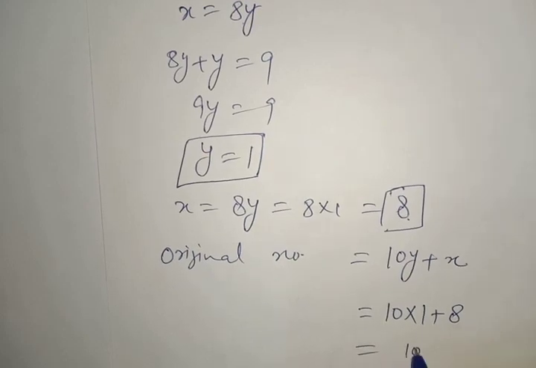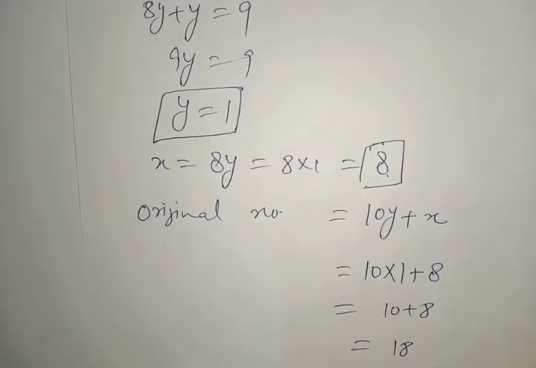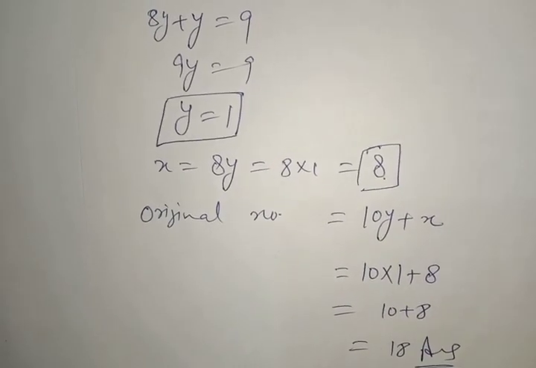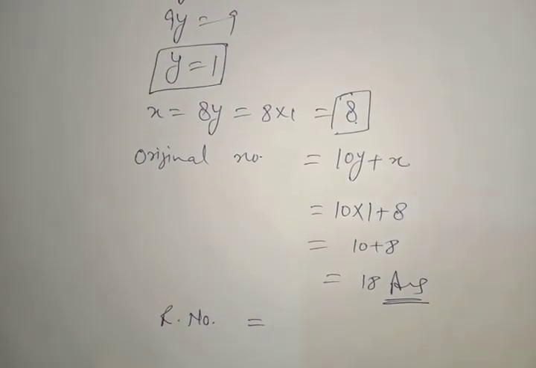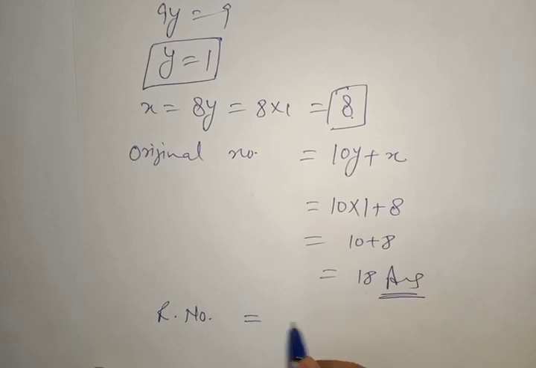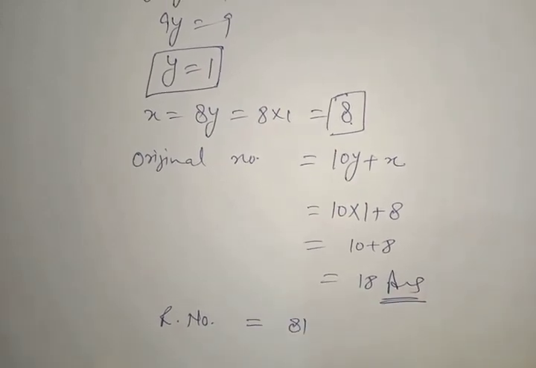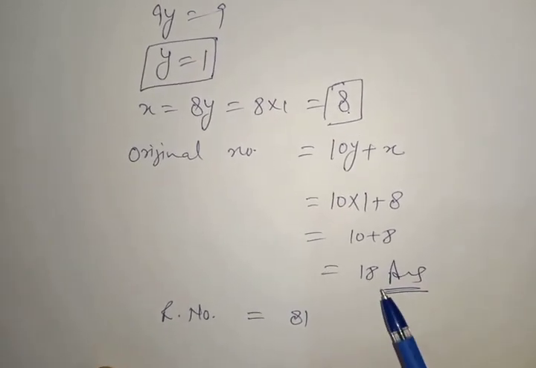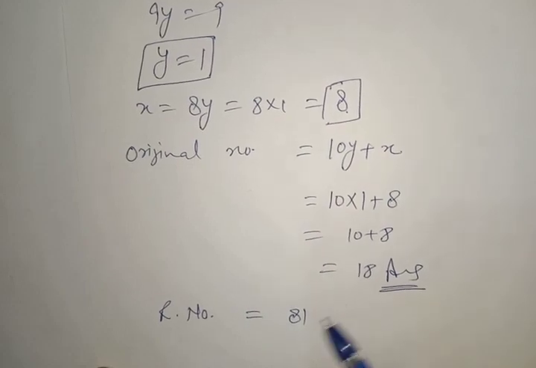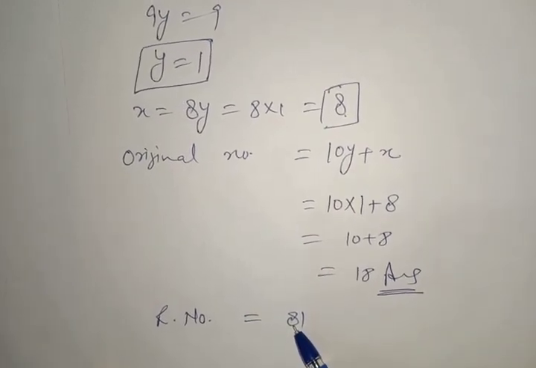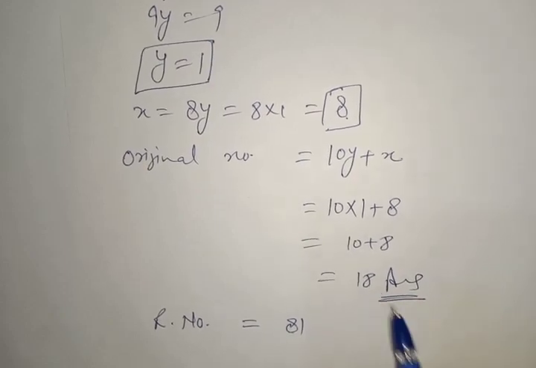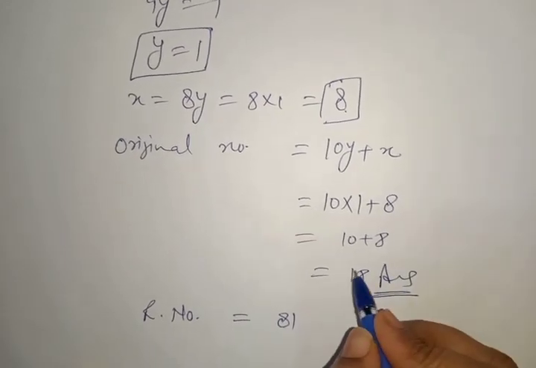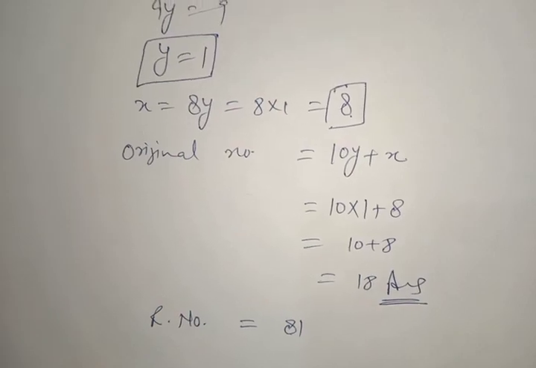So it is 18. You can check your answers also by finding the reverse number. Even if they have not asked, we should know the reverse is 81. And you can see that 9 times this number is equal to 2 times this number, and the sum of the digits is 9. Hence our final answer is this. Original number is 18. Thank you.